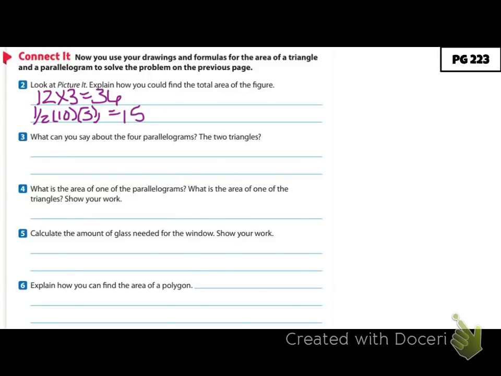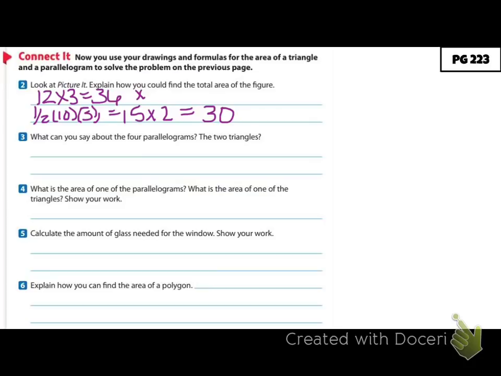Now, this is just for one triangle and one parallelogram. We have 2 triangles, so I would take 15 times 2. If one of them is 15, I multiply it by 2 to get my 2 triangles. So the area for both triangles would be 30.